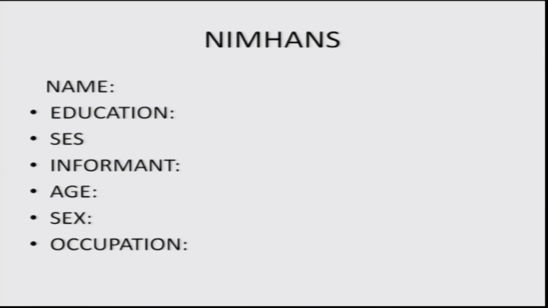So, you check who is the informant, it will be a family member or a friend, the age of the person, sex of the person and occupation. This demographic data broadly gives you a context. As I said in previous lectures, what makes us human is not the size of the brain or just the basic activities that all animals do. It is the context of your behavior which actually defines whether it is normal or abnormal.